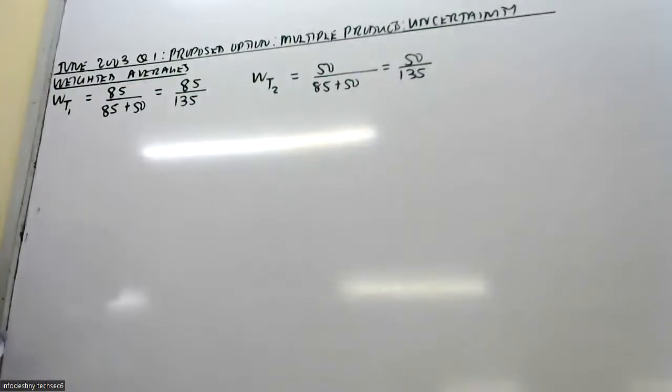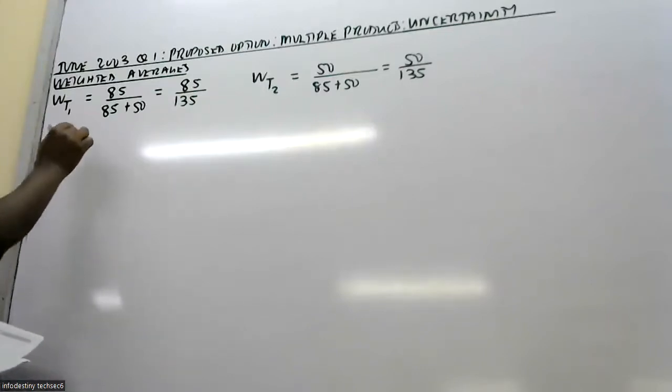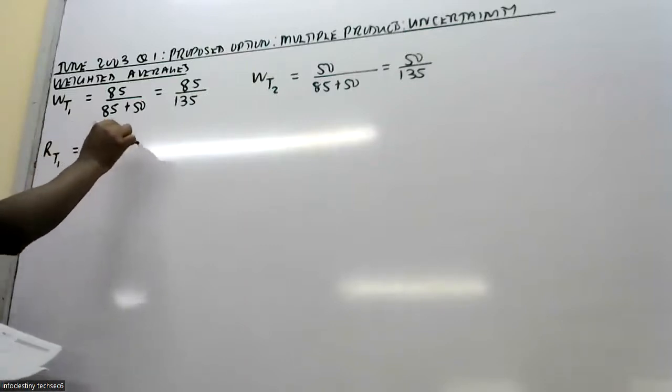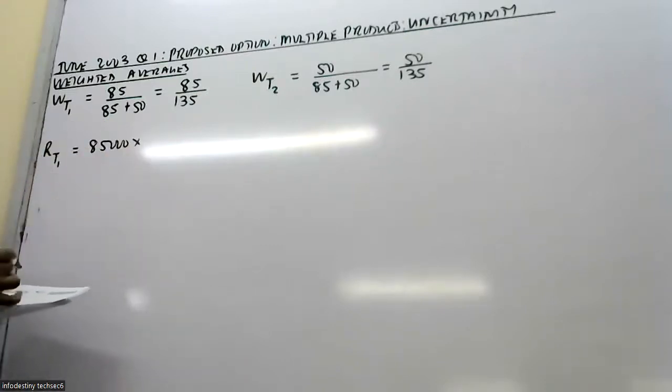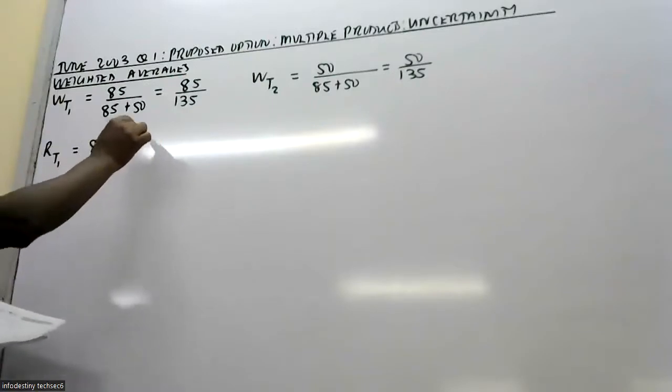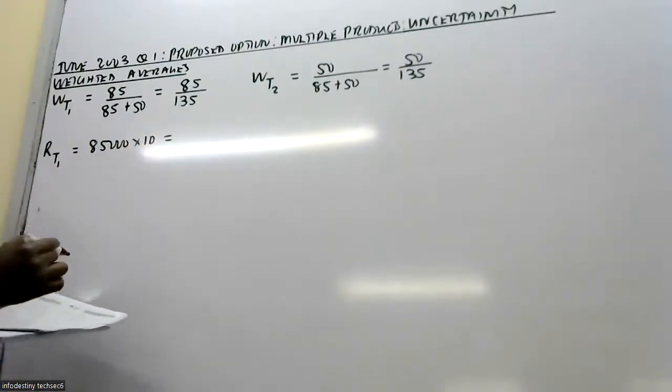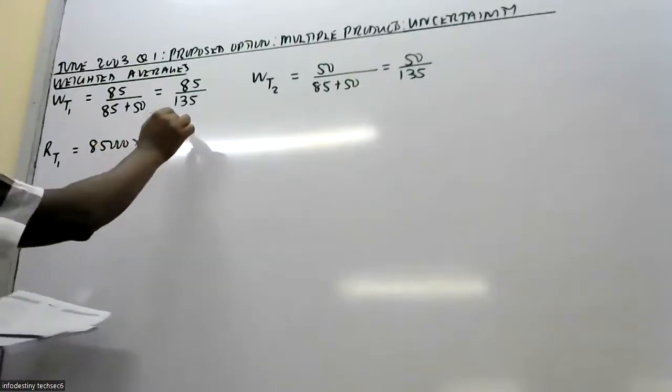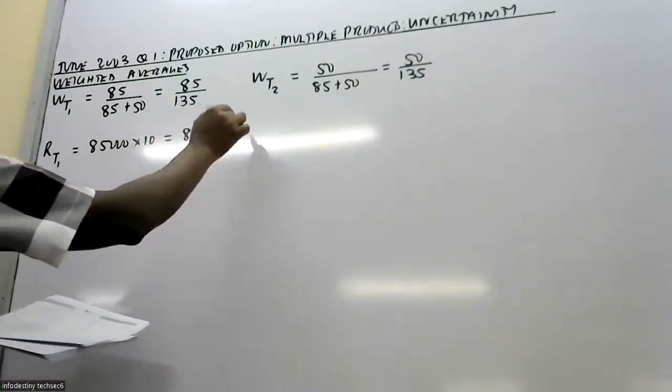We need to get weights in terms of shillings. The revenue of T1 is 85,000 multiplied by the selling price of 10. We are not told that the selling price will change, so this becomes 850,000 shillings.